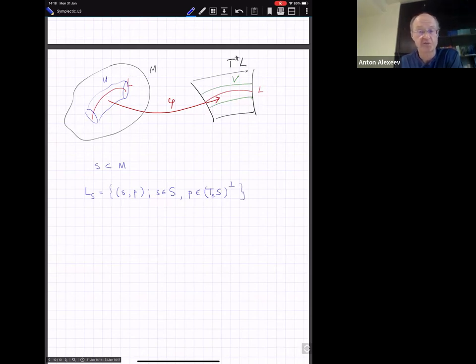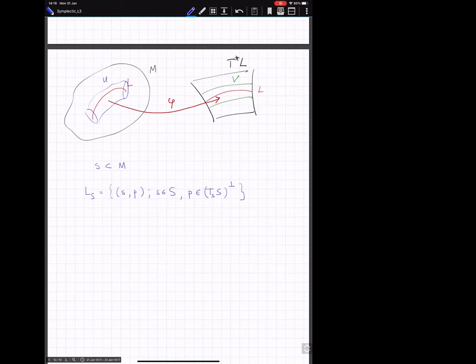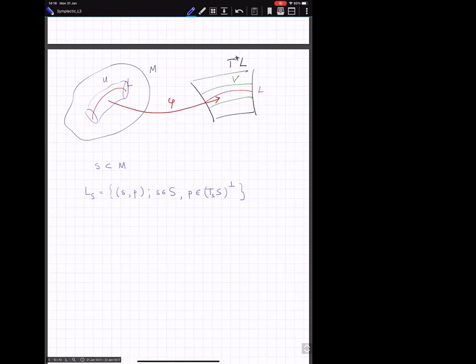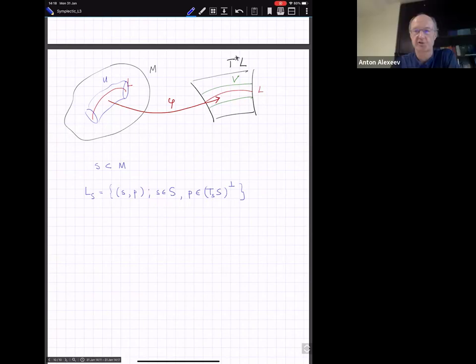So these are covectors which vanish on the vectors tangent to S. If I'm not mistaken, I think this must be Lagrangian. So this is a mix of, yes, something in the middle between sections and vertical ones. Yeah, right. Okay, more questions? Yeah, thank you very much.